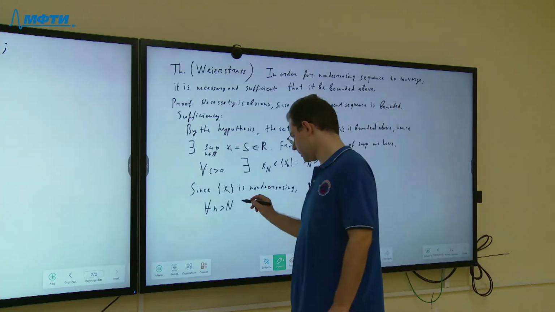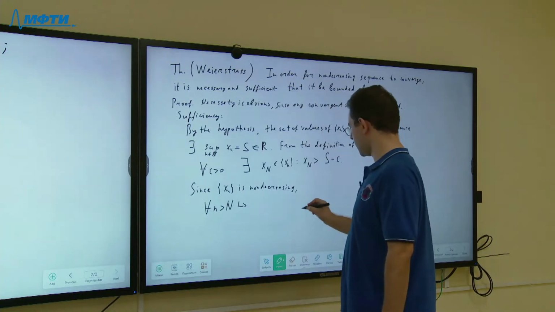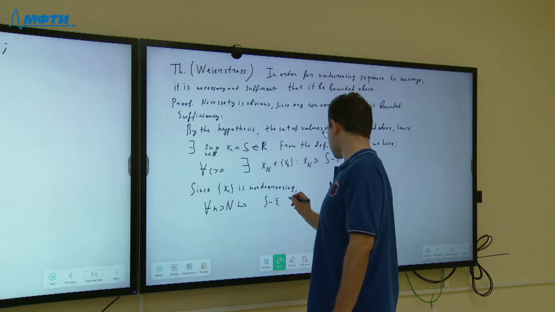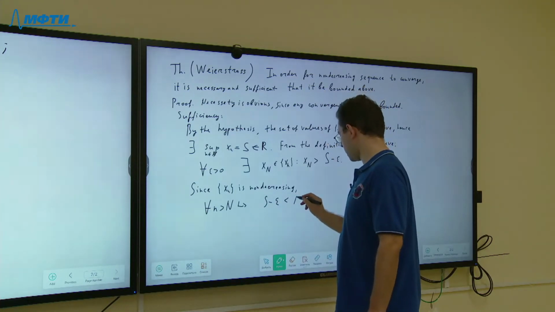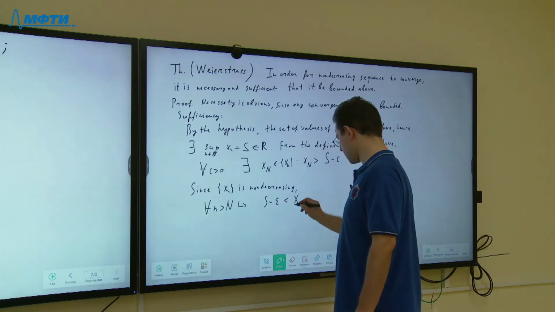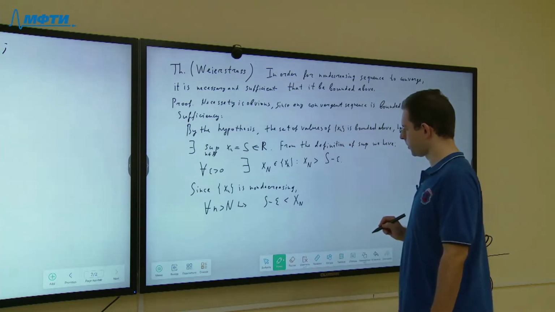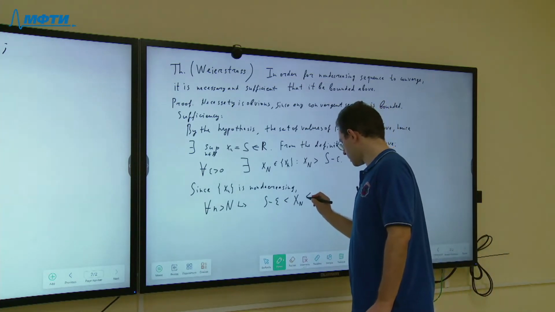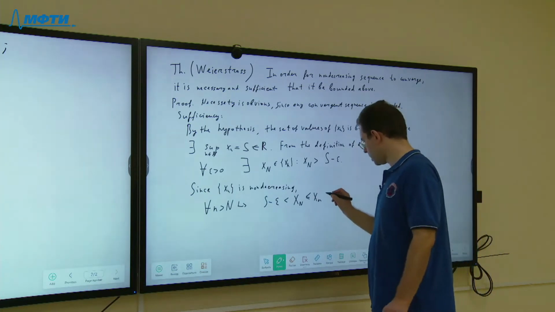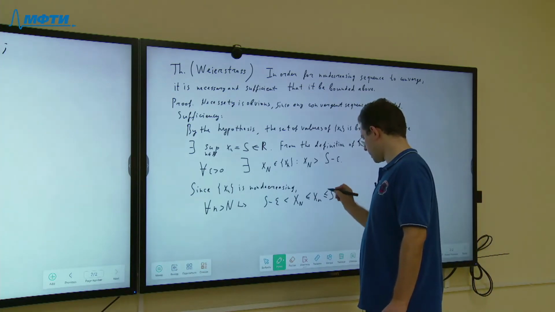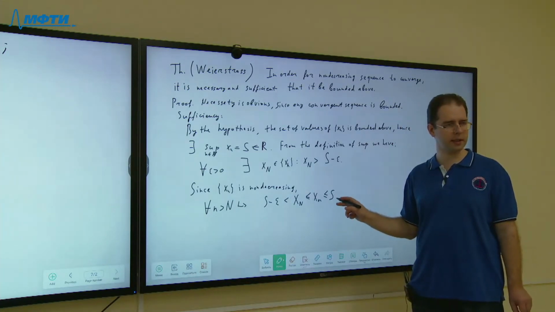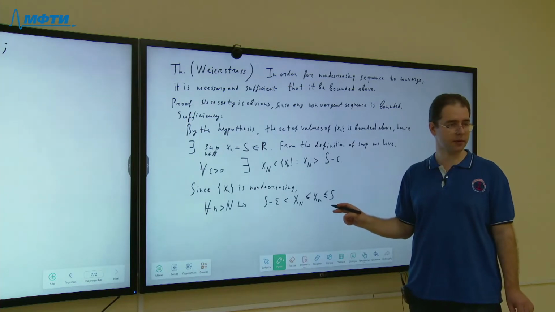It follows that, I will write it like that: S minus epsilon is smaller than x_N, which is smaller or equal than x_n, which is less or equal than S. This last bit is because S is an upper bound of our sequence.